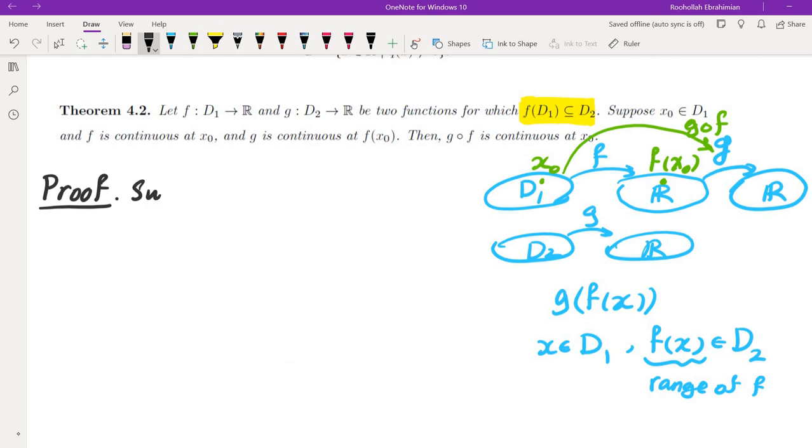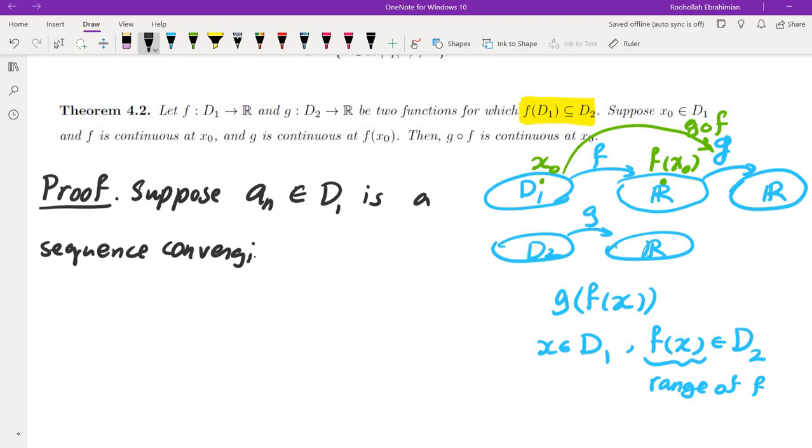So suppose a_n is a sequence in the domain of g o f, which is D1, converging to x naught.